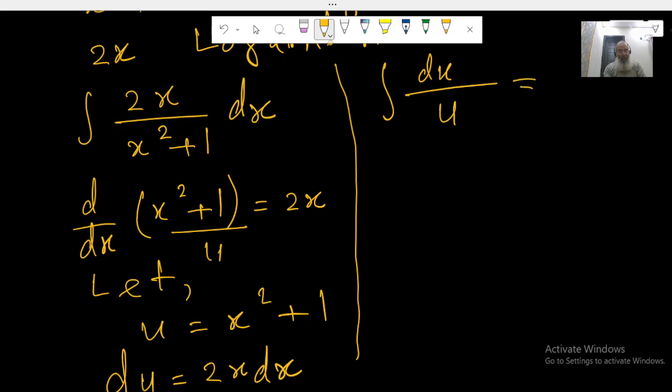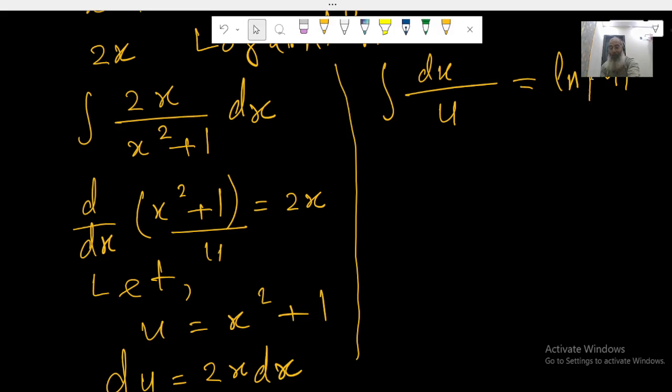So it is equal to ln of the absolute value of u, and take care of these absolute value signs, because if you use parentheses or square brackets here, that will be wrong, because natural log does not accept any negative value. It always accepts only positive values. So here you must write ln absolute value of u.